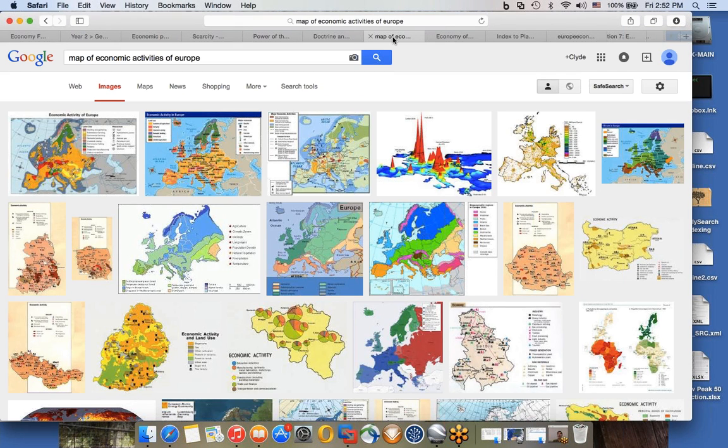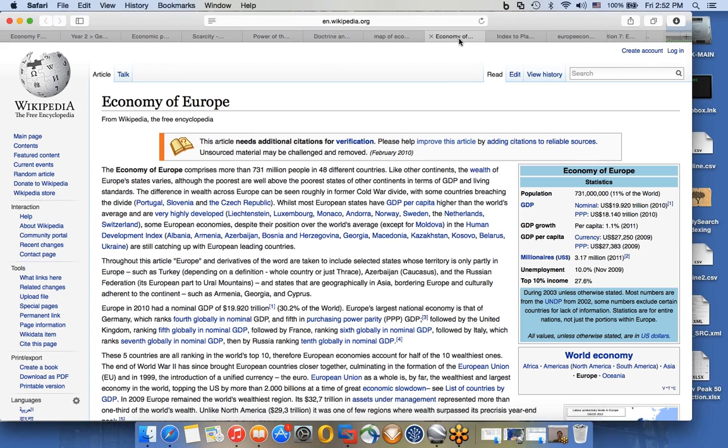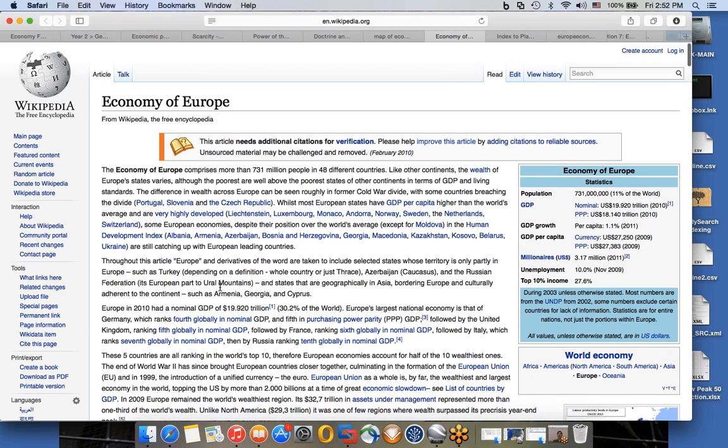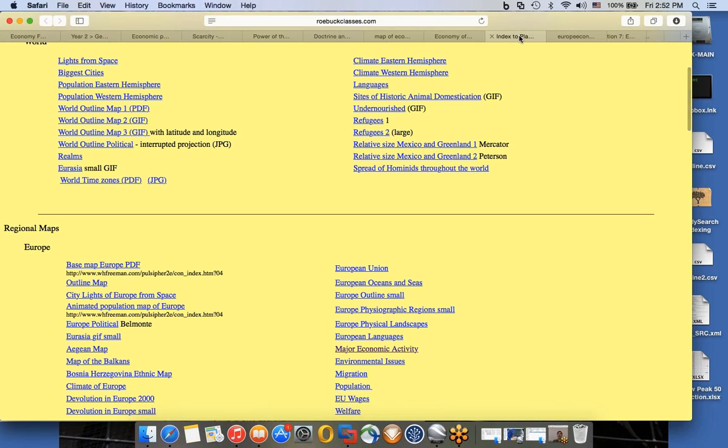I did a quick search in Google for a map of economic activities of Europe, and I found several of these. I'm going to show you a couple of them. Here we have the Wikipedia article on the Economy of Europe.